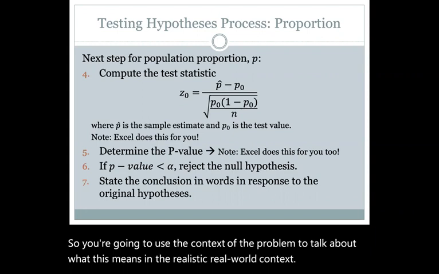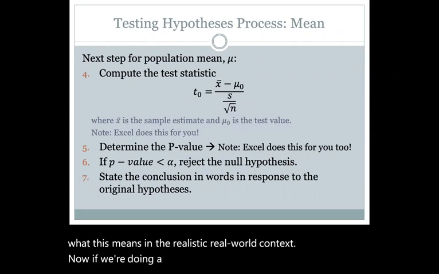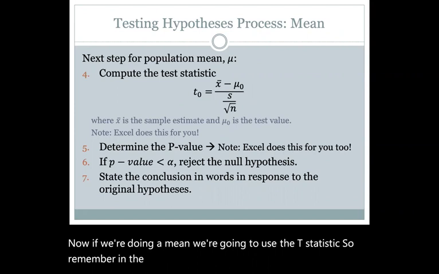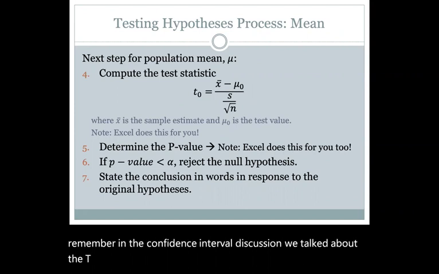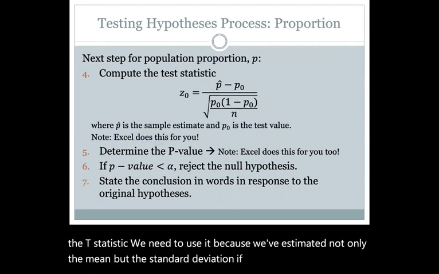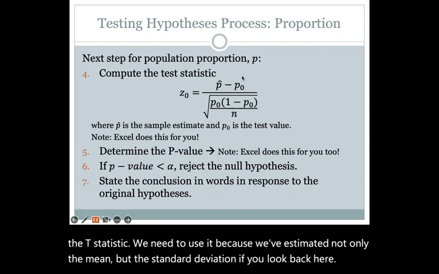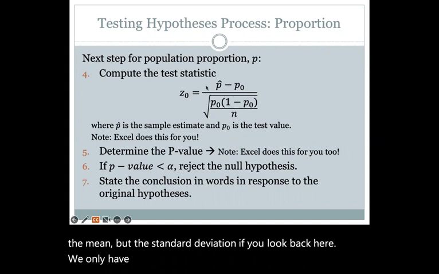Now, if we're doing a mean, we're going to use the t-statistic. So remember in the confidence interval discussion, we talked about the t-statistic. We need to use it because we've estimated not only the mean, but the standard deviation. If you look back here, we only have one estimation that we do, p naught and p hat. So we only have that one.